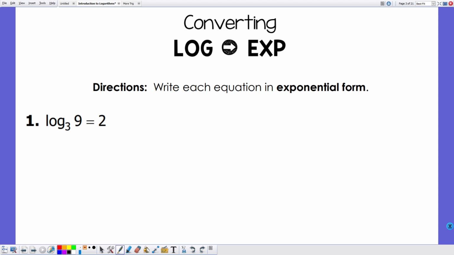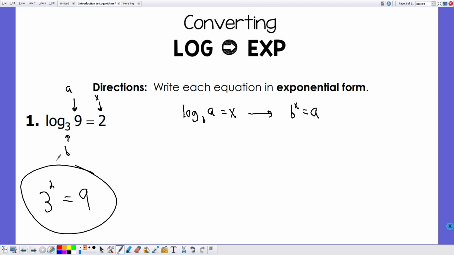So for the first couple examples, we're going to convert logarithms into exponents. Again, just remember, log base b of a equals x is equivalent to b to the x power equals a. This is your b, this is your a, this is your x.